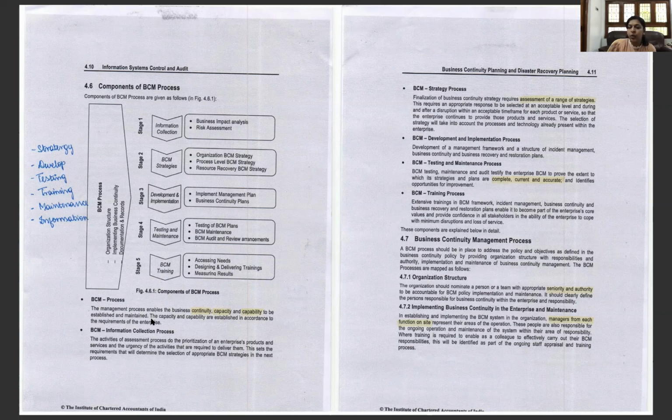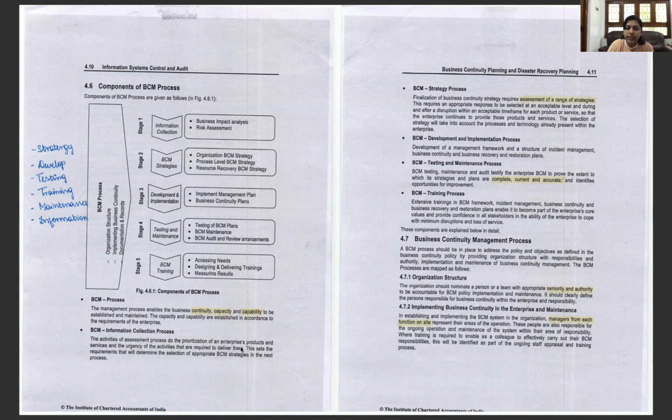So we'll be coming across a few terms which all begin with C. So let us all remember it. So here BCM process: continuity, capability, and capacity. Okay, and then BCM as an information collection process. The activities of risk assessment process to do the prioritization of an enterprise's products and services, and the urgency of the activities that are required to deliver them.